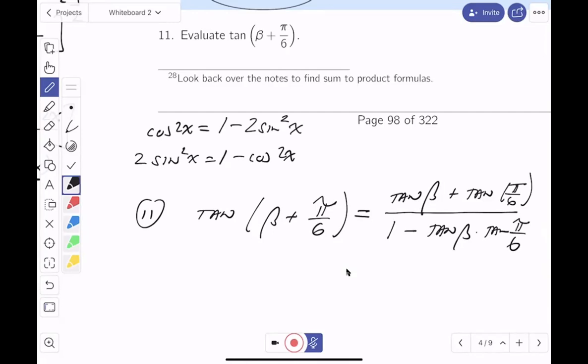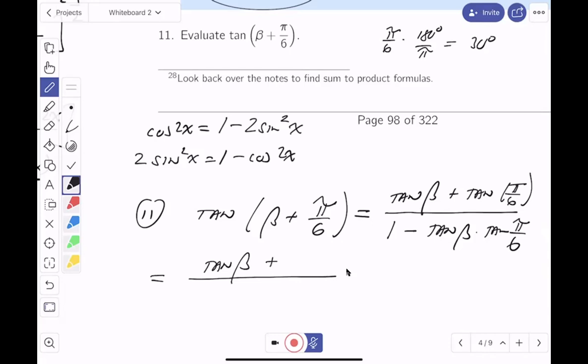And what's the tan of pi over 6? Well, let me remind you. Pi over 6 times 180 degrees over pi. That would be 30 degrees, right? So I'm pretty clear about that. Tan of beta plus the tan of pi over 6, 30 degrees.